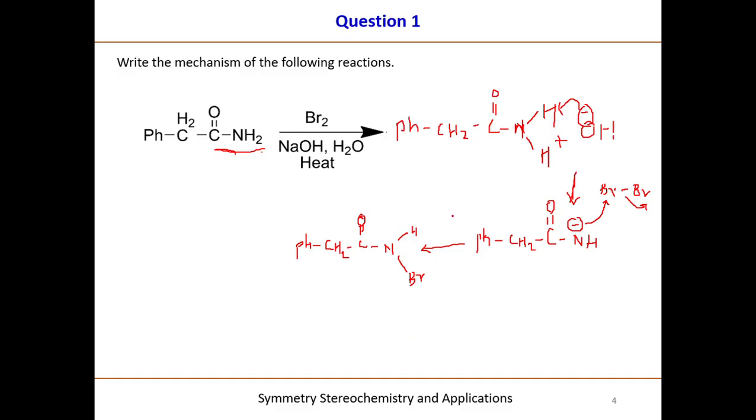Now for deprotonation only one proton is available, correct? Deprotonation will take place here.